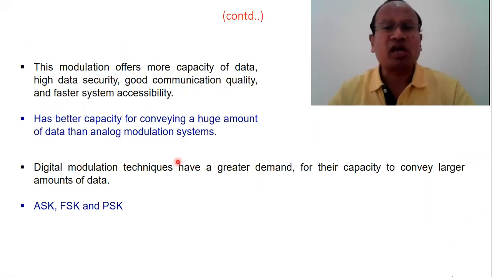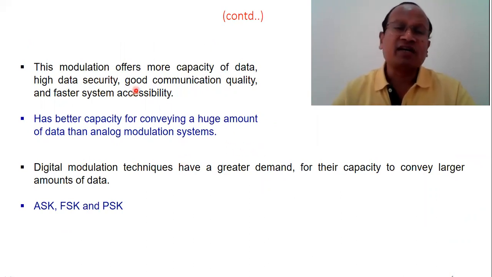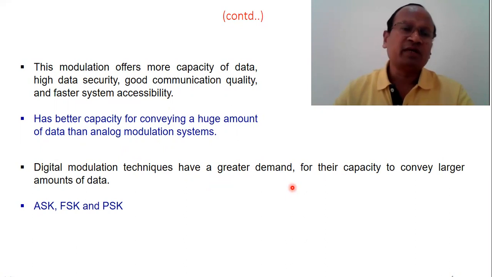This offers more capacity, more data security, good communication quality, faster system accessibility. Better capacity for conveying a huge amount of data than analog. Data modulation techniques are in great demand, the main reason being the large capacity to convey huge amounts of data.